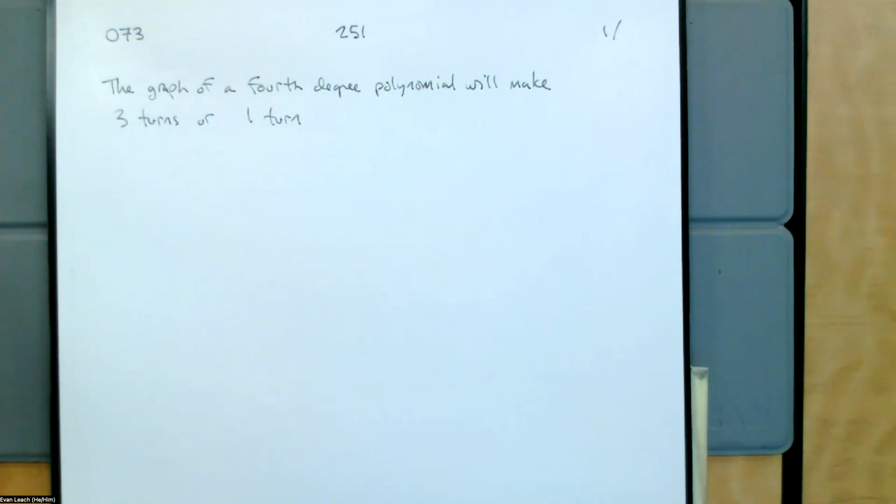This makes sense if we think about the graph of an even degree polynomial. I'm going to use fourth degree because there's some space to work with. It makes sense because the graph of a fourth degree polynomial, as x goes to negative infinity or as x goes to positive infinity, those two ends are going to go in the same direction.